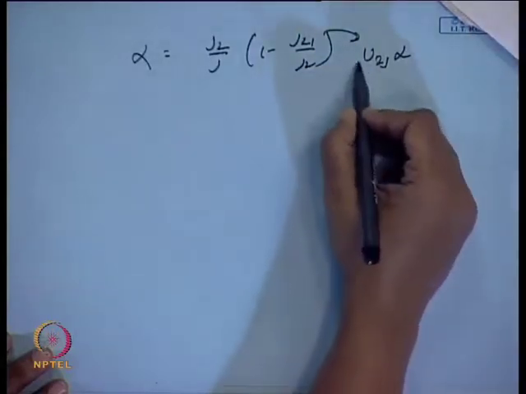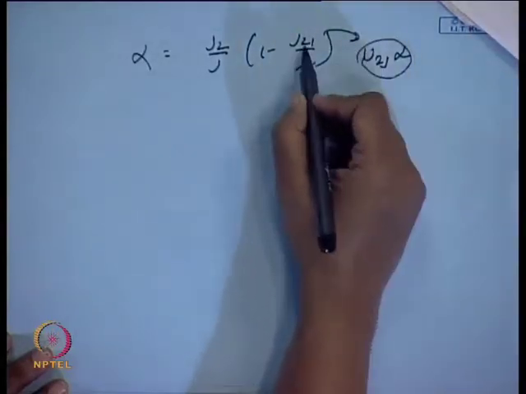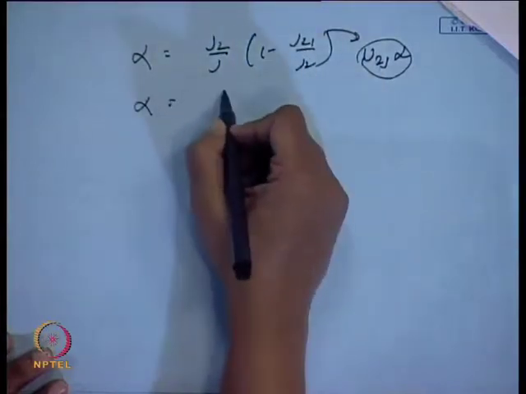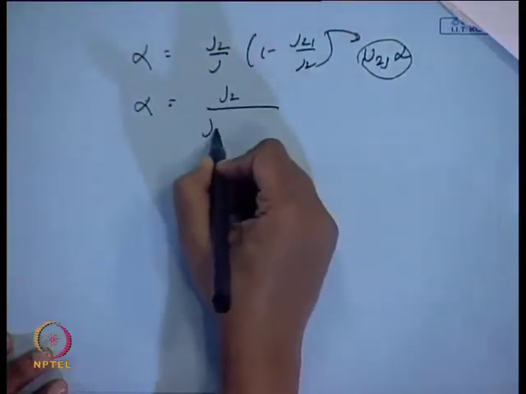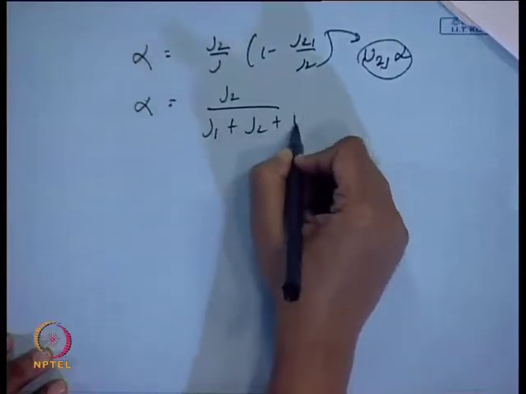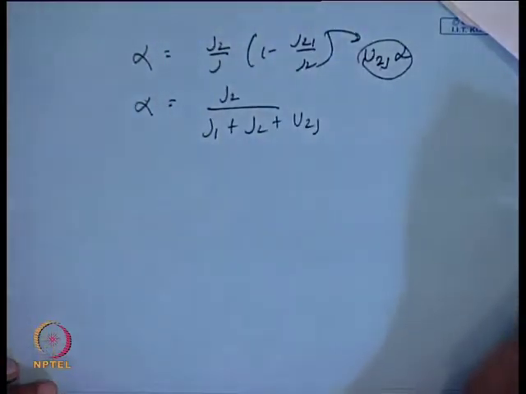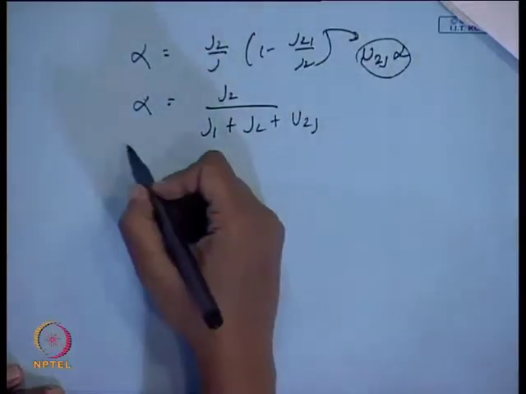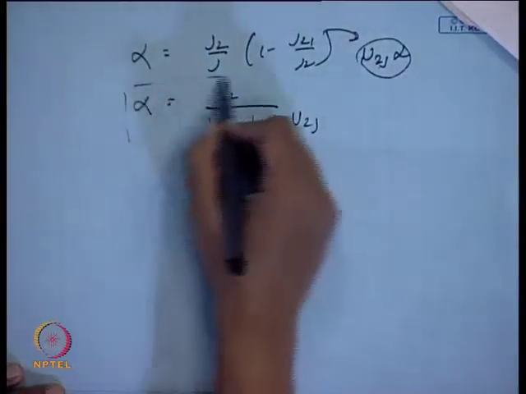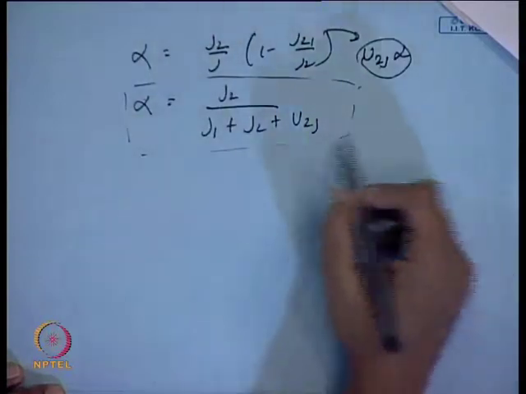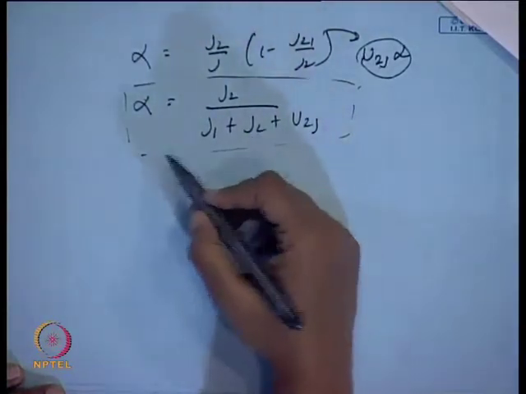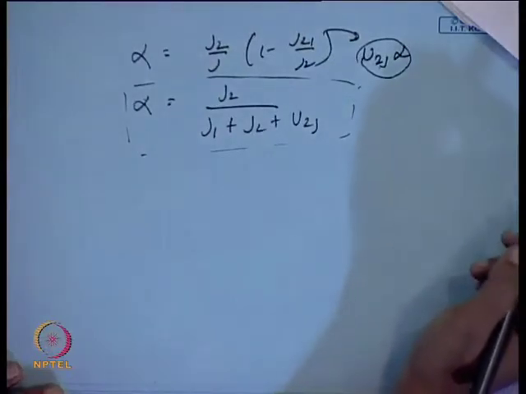So, if we substitute this particular value of J21 here, then we find that alpha can be obtained from this particular expression. So, alpha can be obtained from the expression which we have provided. U infinity equals u2j, this is known, J1 J2 is known. So, alpha can be found out very easily.